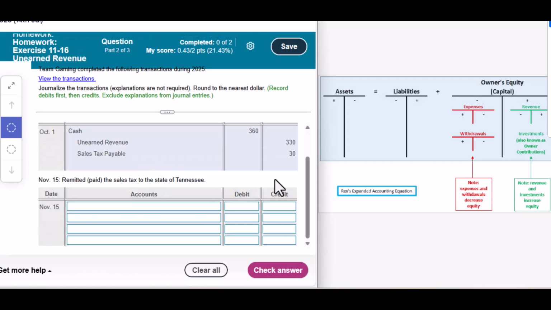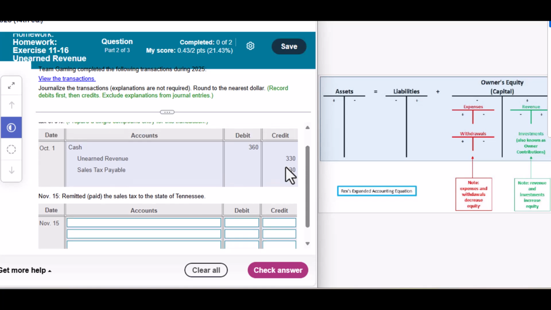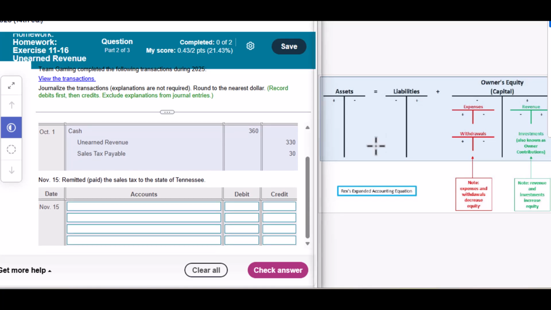Okay, moving on here. Then on November 15th, we paid the sales tax to the state of Tennessee. So again, remitted is just a fancy word for paid. So we paid that sales tax that we accrued right up here for $30 as a credit. So in order to remove that, we are going to need to debit it here out of the liabilities, since we are taking it out now.